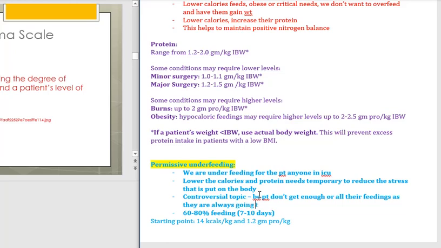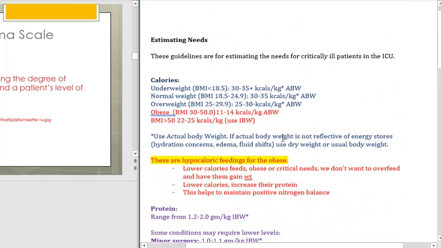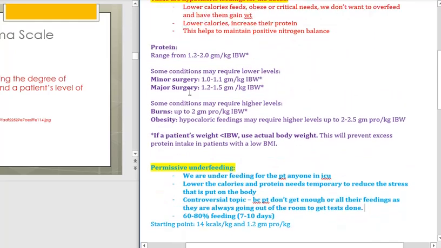So the first section looks at calories. For calories, for the most part, if someone's underweight or a little bit overweight, we're going to use ABW, which is actual body weight. And we're going to give them calories dependent on what their BMI is.